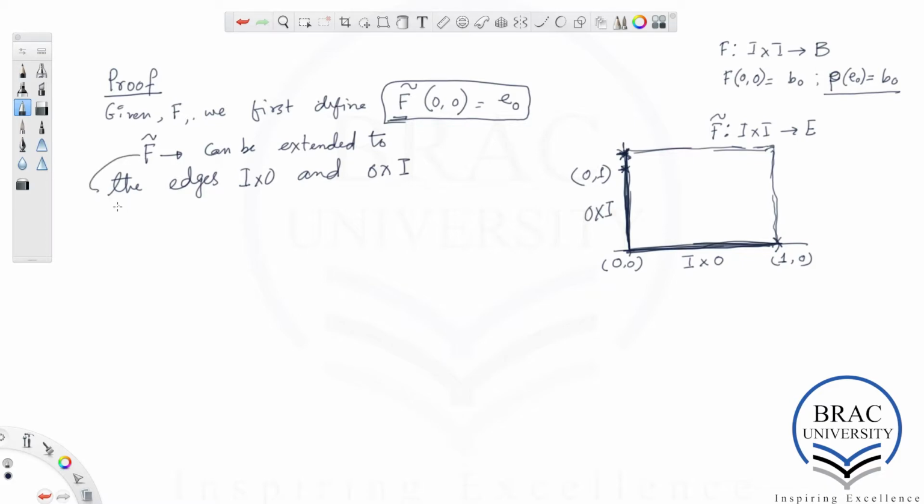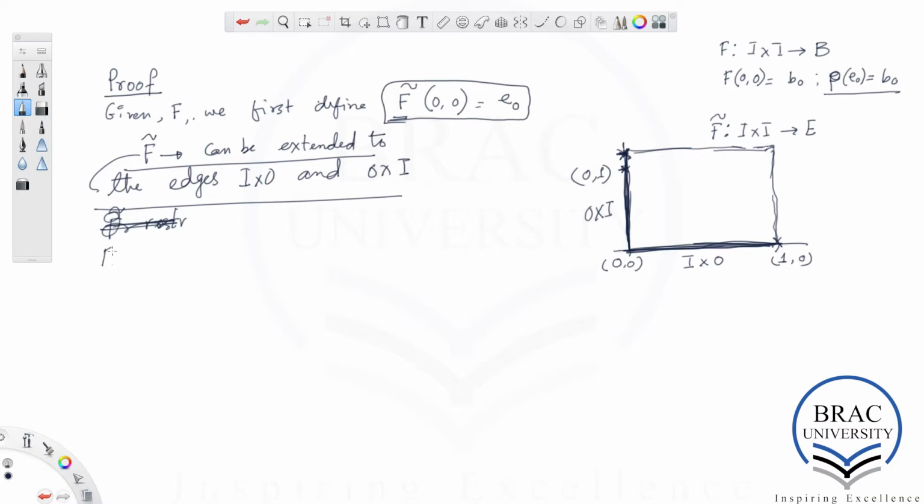No, I'm not talking about f tilde. How can it be extended to the edges I cross 0 and 0 cross I?